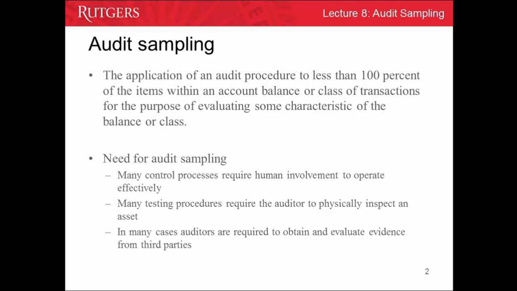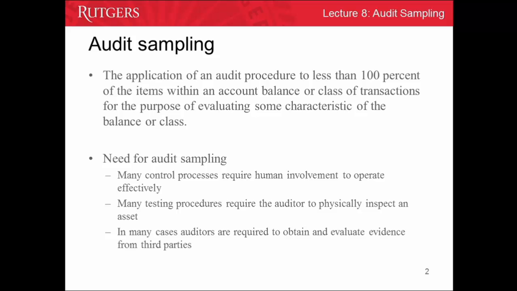While technology has reduced the number of situations where audit sampling is necessary, like in the previous lectures, where we always discussed the analytics used on the whole population of the client's data, technology will never eliminate the need for auditors to rely on sampling to some degree.